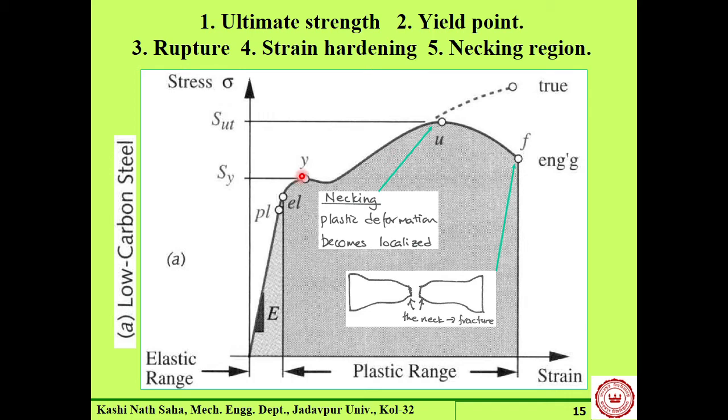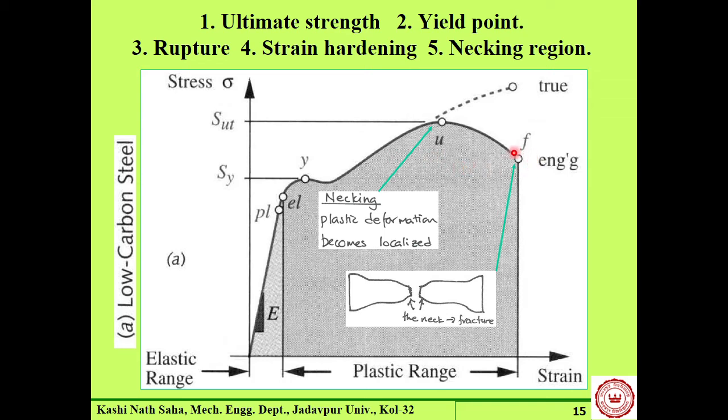So this is what we get from a stress strain diagram, and let us note the different observations. The maximum stress value point is known as ultimate stress, also called ultimate strength. This is the yield point, elastic limit, whatever. This gives us yield stress and yield strength also.